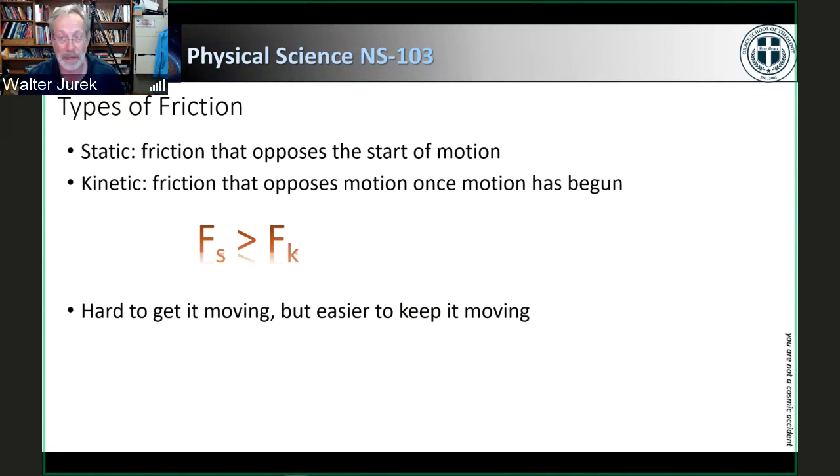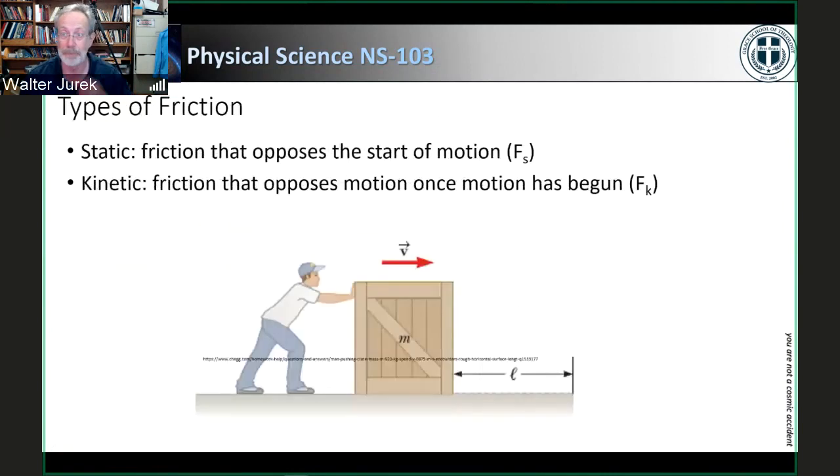All right, so let me back up to this picture, okay? Big heavy object, we push on it, eventually we get it moving. It's a whole lot easier to keep it moving than it is to start it moving. So the amount of friction that it takes before we can get it moving is called static, because static means it's sitting still, it's not moving.